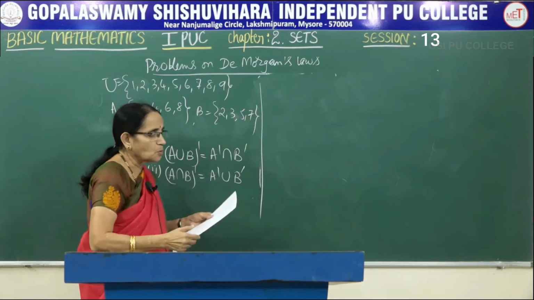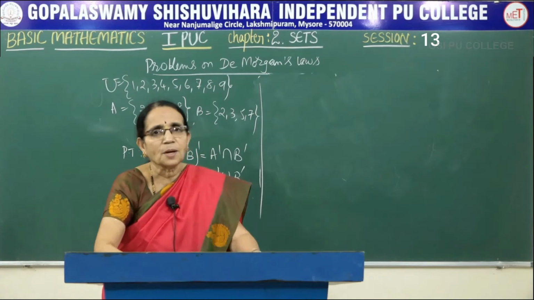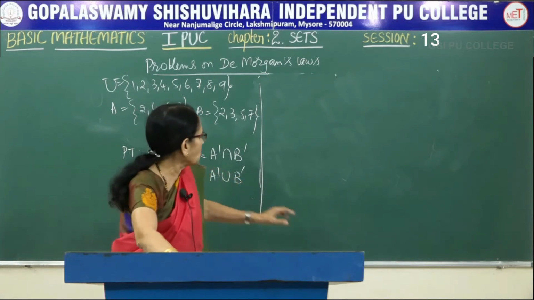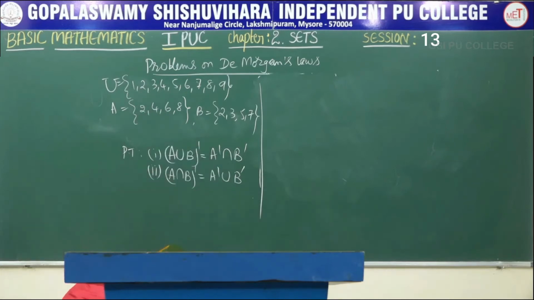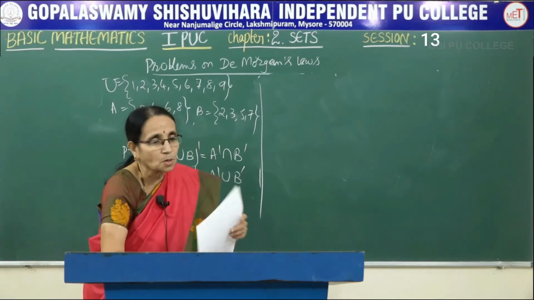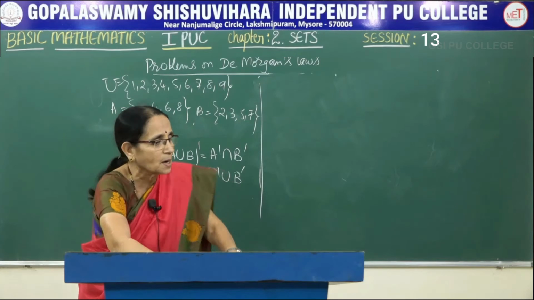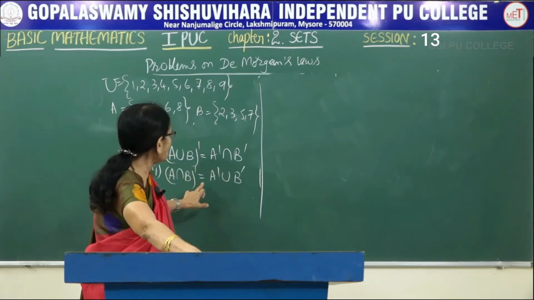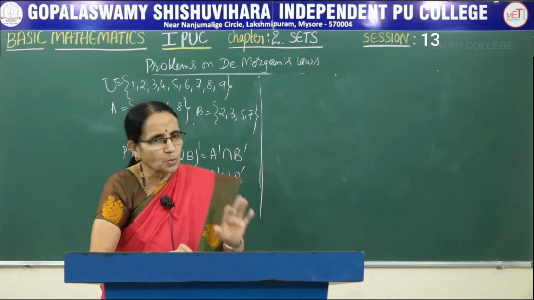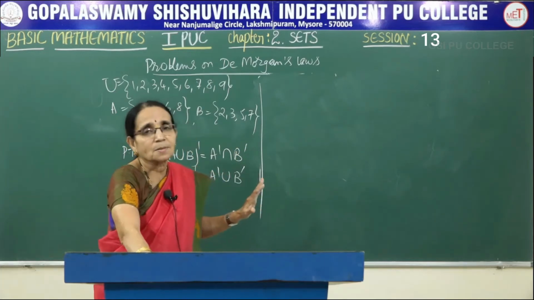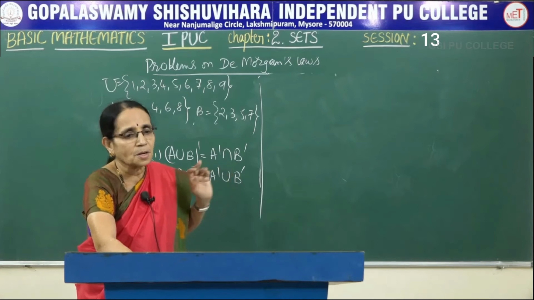Now I am going to verify both the parts of De Morgan's law. That is, (A union B)' equals A' intersection B'. Next is (A intersection B)' equals A' union B'. The proof is same. The procedure is same, only the data is different.